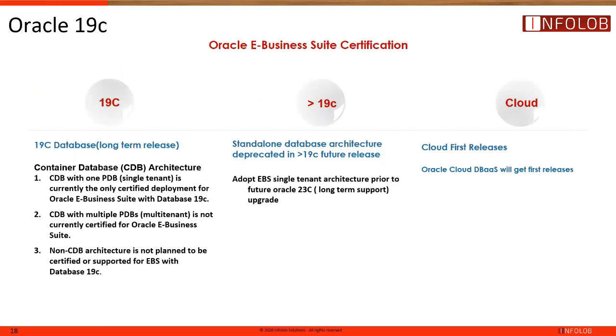I think Oracle has been buzzing about 19C for a couple of quarters. 19C has been certified with both the 12.1 and 12.2 releases. It is a long-term release, unlike 21, which is an innovation release that is going to stay for three years.